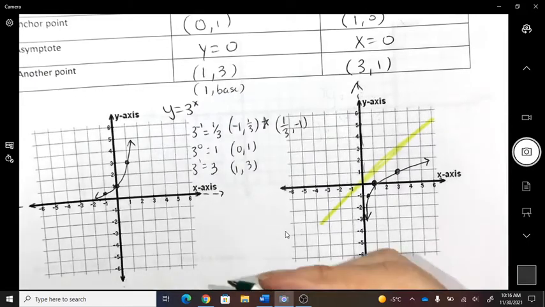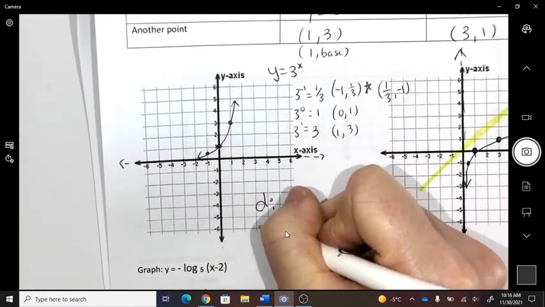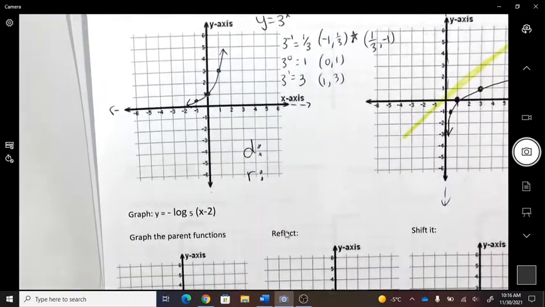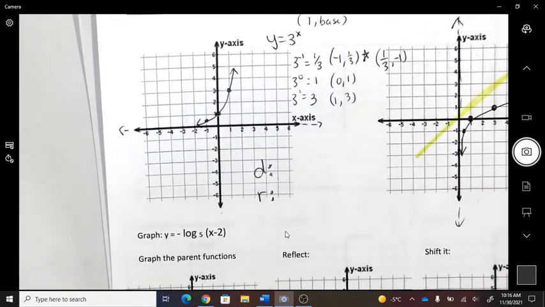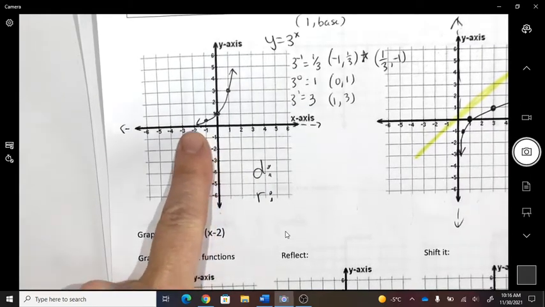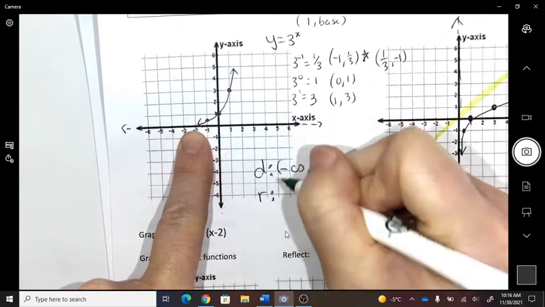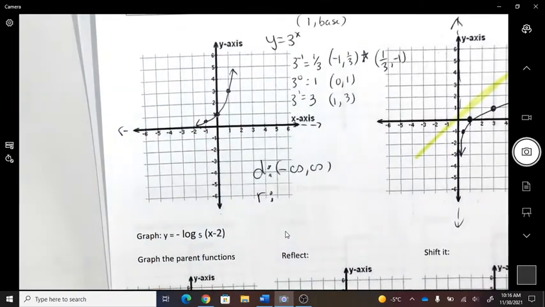Okay, what is the domain and range of this exponential? How far left, how far right does that graph move? Did you pick -infinity to infinity? It's going left, it's going right.